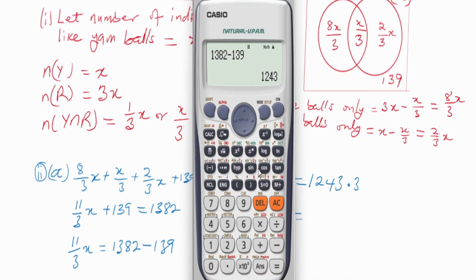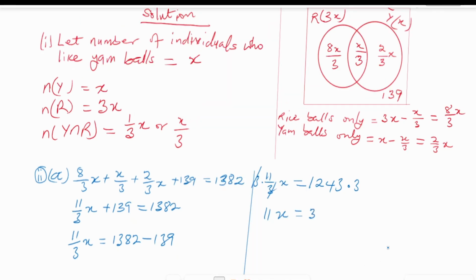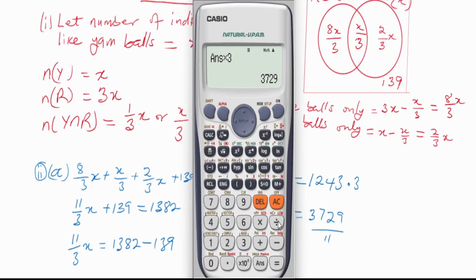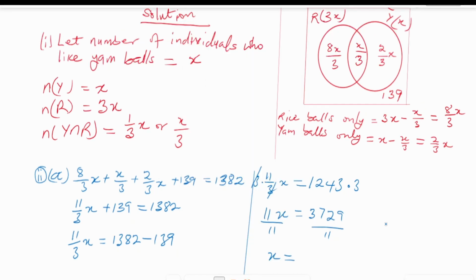So I have that on my calculator already, times 3, and that equals 3,729. So 3,729. Dividing both sides by 11 to get our x. X will be equal to, we go back to the calculator, divided by 11, and that equals 339. So x equals 339.